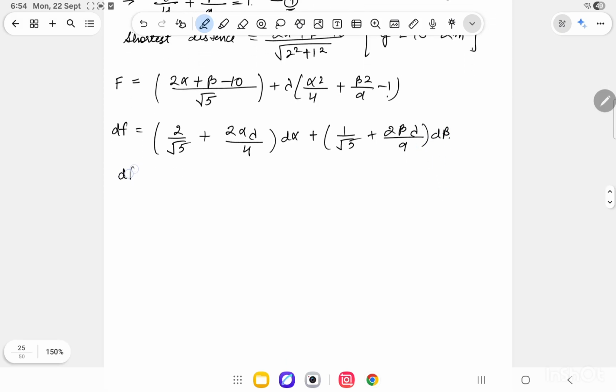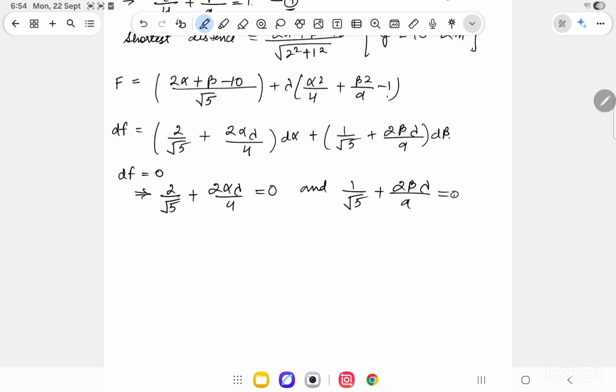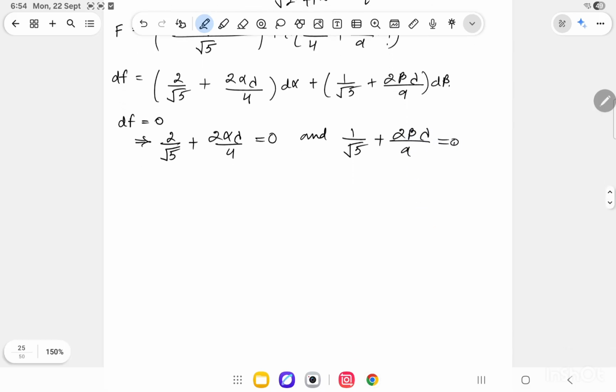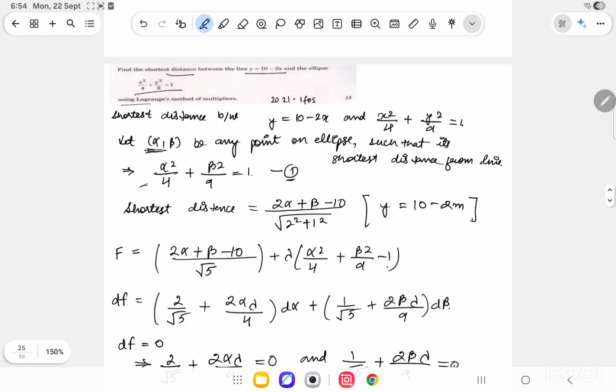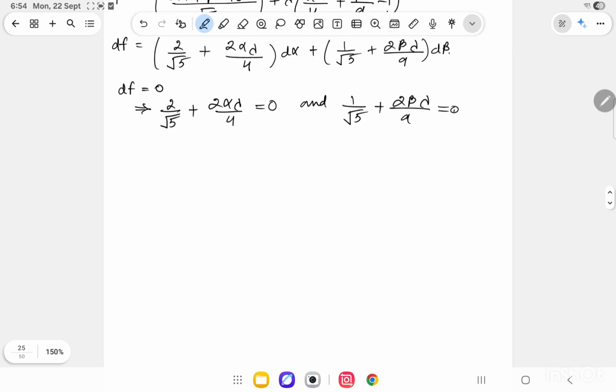Now if I equate it to 0, I get 2 by under root 5 plus 2 alpha lambda by 4 equals 0, and 1 by under root 5 plus 2 beta lambda by 9 equals 0. From here I can calculate alpha and beta in terms of lambda, and we already have a relation between alpha and beta given by equation 1, so that will give us the value of lambda, and then we can find the specific values of alpha and beta.